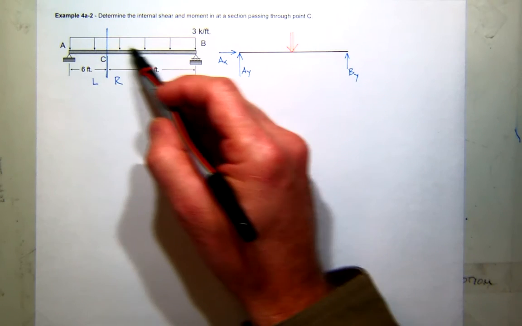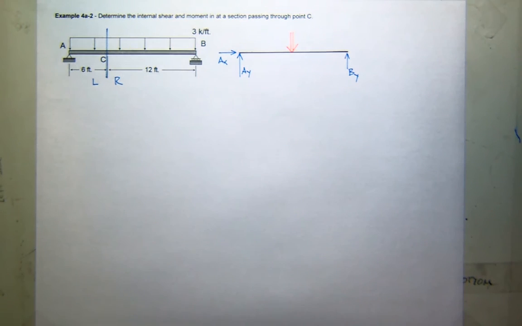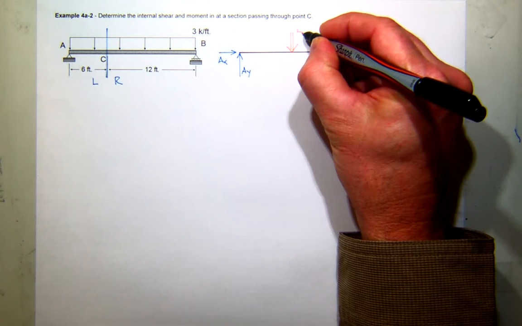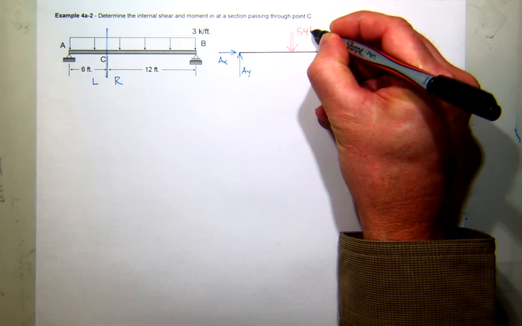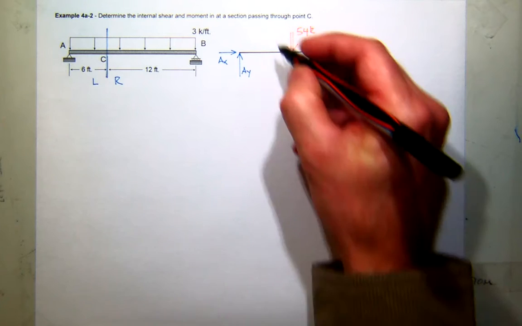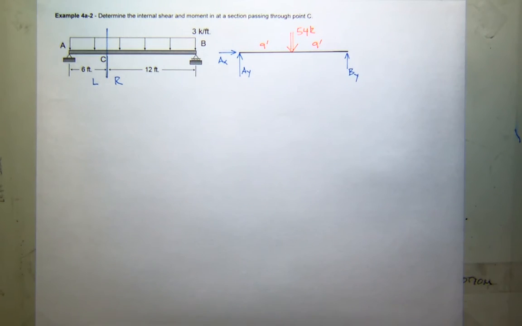So what's the magnitude of that load? It's the area under the curve, which looks like 18 times 3, which I believe is 54. So that's 54 kips. It happens right in the middle. That's 18, so that will be 9 feet and 9 feet.